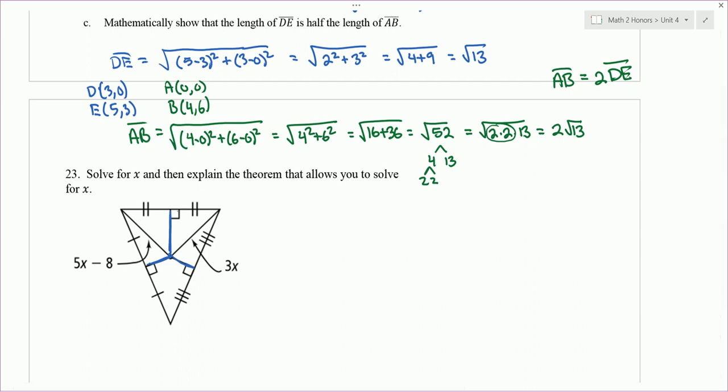The reason it's called the circumcenter is because that point is the same distance to all 3 vertices. And so the distance, let me label this, so A, B, C, and I'll call that point, the circumcenter, D. So AD is equal to BD is equal to CD. Okay, that theorem is the concurrency of perpendicular bisectors theorem.